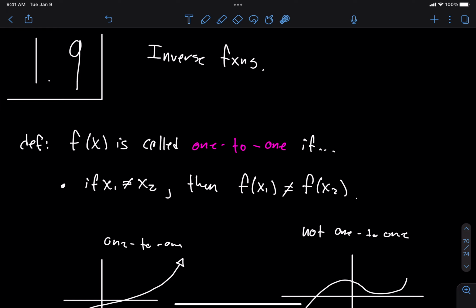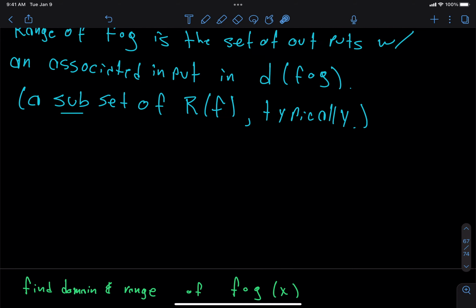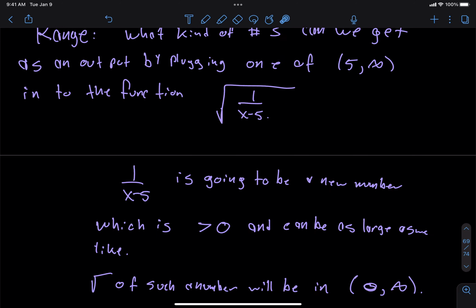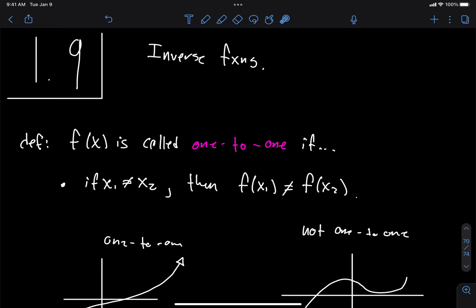Especially in a factory setting where I have my machines, I might want one machine that does something, and then, in case I accidentally put something into that machine and want to undo whatever I just did, I need another machine which could reverse that process. So we're going to talk about how we reverse the process of plugging a number into a function. And the answer is we use another function. That function is called the inverse.